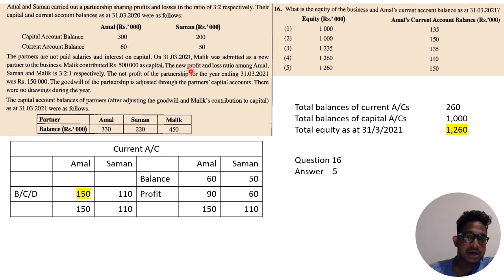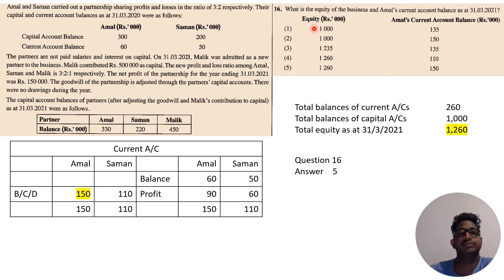So here we have to appropriate the profit based on the previous profit ratio 3:2. So total profit is 150, 153 to Amal 90 and to Saman 60. So Amal's current account balance is 150.